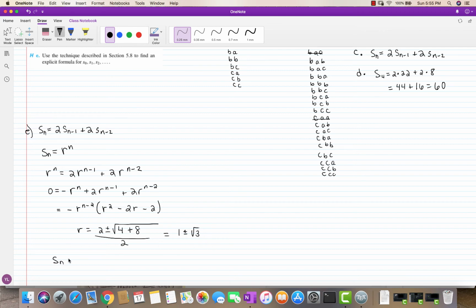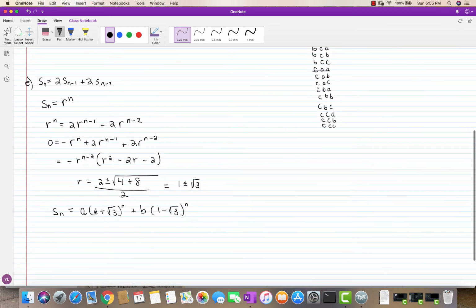The best that I actually know is that Sn is going to be some constant multiple of the first root to the nth power plus some constant multiple of the second root to the nth power. So this is what's called a linear combination of powers of each of those roots. And what I'm left to do now is basically solve for the a and the b.